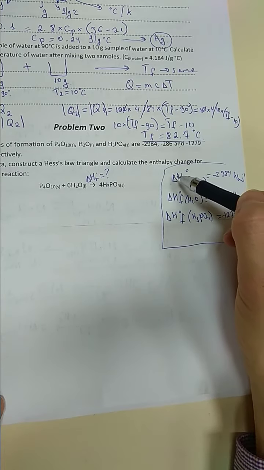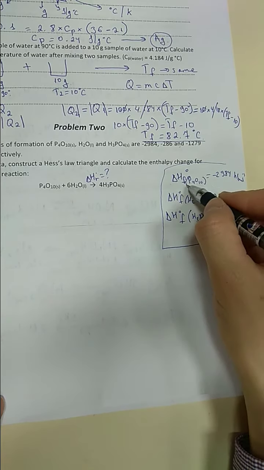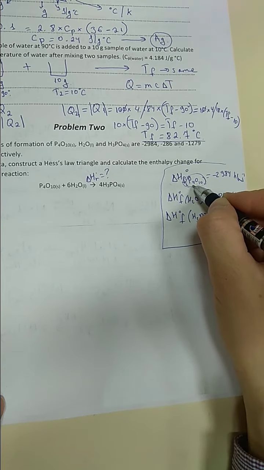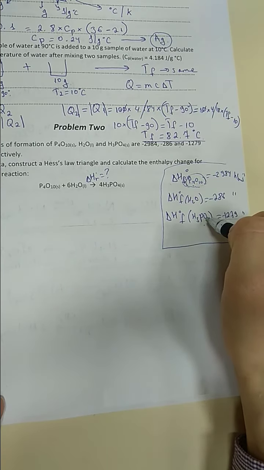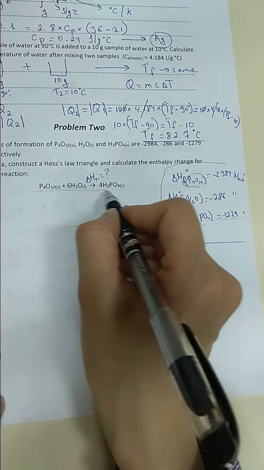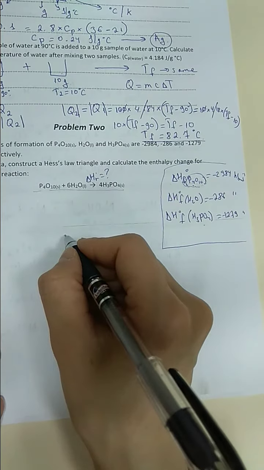So delta H of formation means it's the heat change when you form this substance, phosphorus oxide, from its elements. So you're forming this substance, water, phosphoric acid, from its elements. The upper part of the triangle is already given, so using this additional data, you should write the bottom of the triangle.